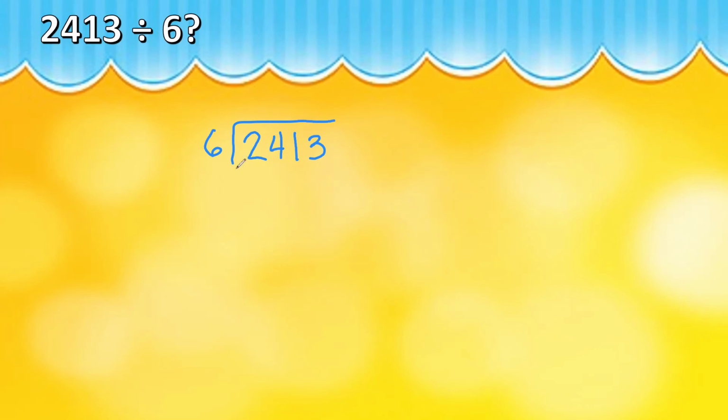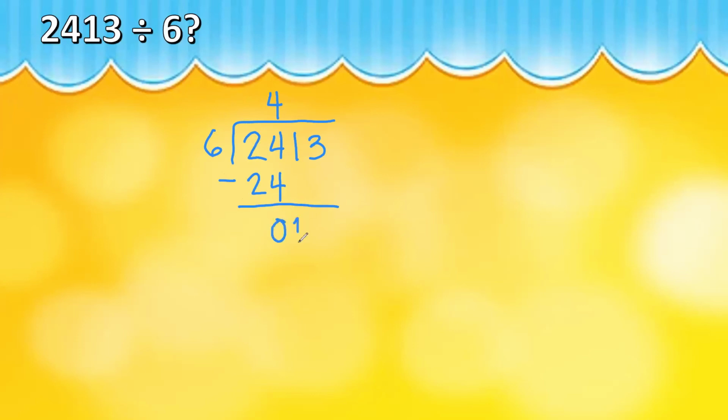So let's proceed to 2-digit numbers. 24 divided by 6. That will be equal to 4. 4 times 6 is equal to 24. 24 minus 24 is equal to 0.